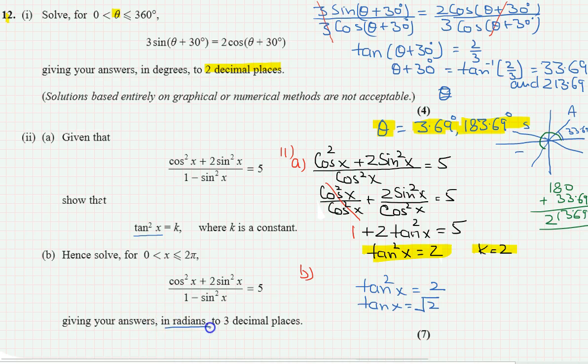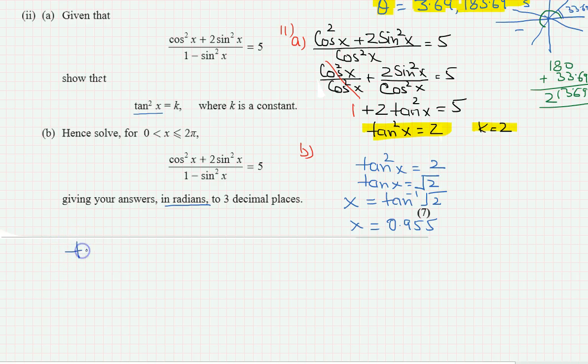Now this we have to do in radian. So x will be tan inverse root 2. So x to 3 places of decimal. This is 0.9553. 3 places of decimal is 0.955. Fourth one is 3. So we'll write only 0.955.